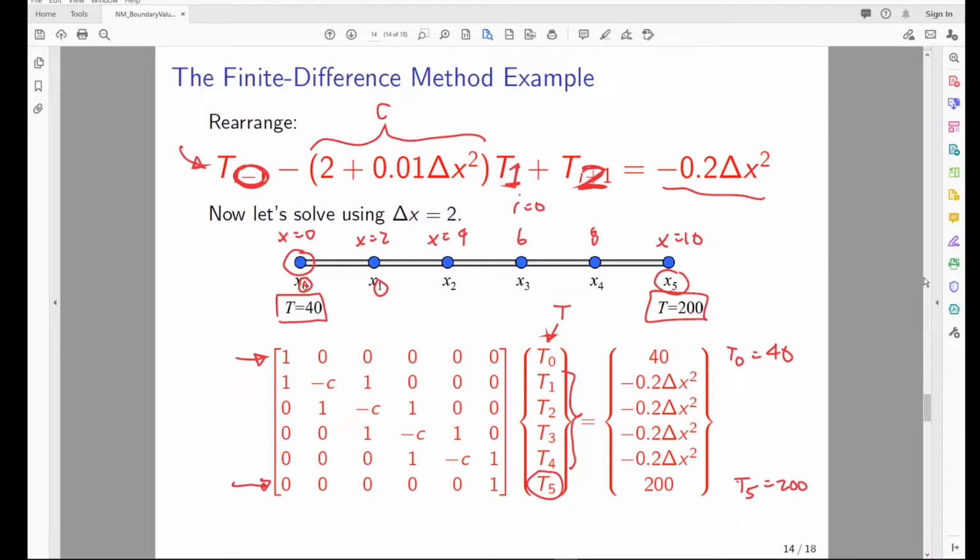If I write that in matrix notation, I get the coefficient right here in front of T0. There's a 1 right here. I get minus c, the coefficient in front of T1. That's this right here. And I also have T2, the coefficient right in front of T2.